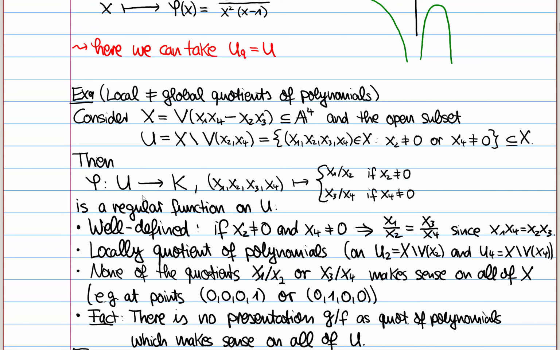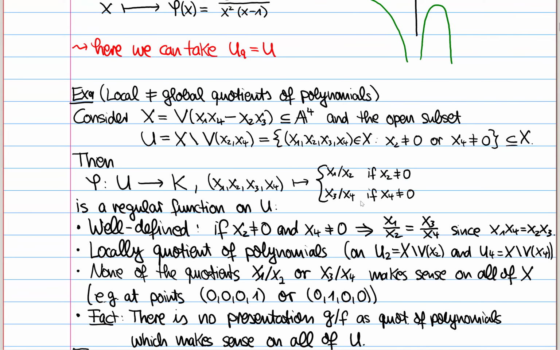I claim this is a regular function on this open set U. The first thing we should check is that it's even a well-defined function, so that this doesn't give a contradiction. In other words, what happens if both of those things are satisfied, x2 is non-zero and x4 is non-zero?